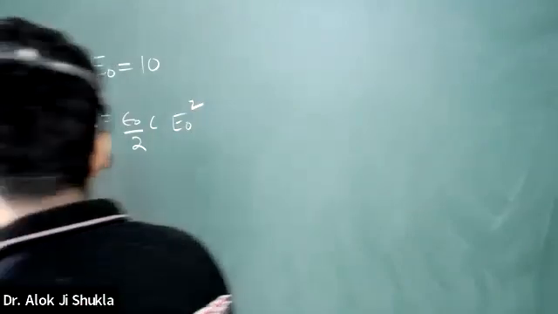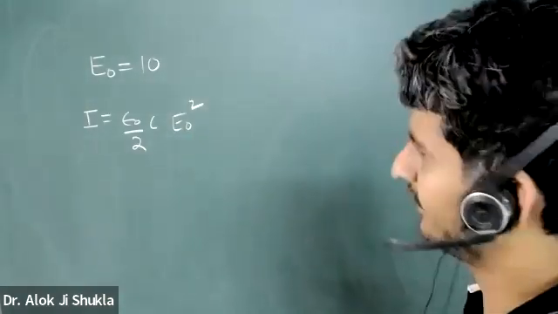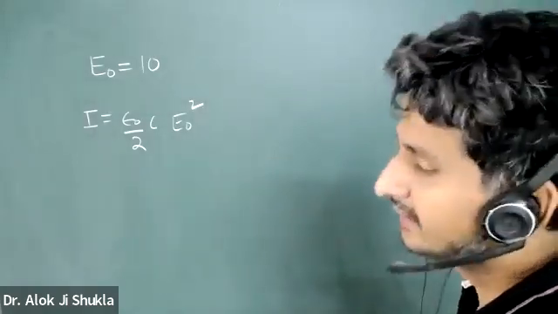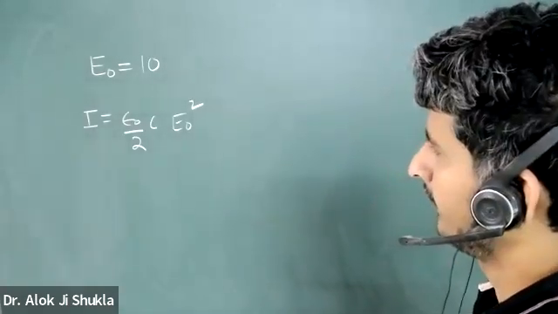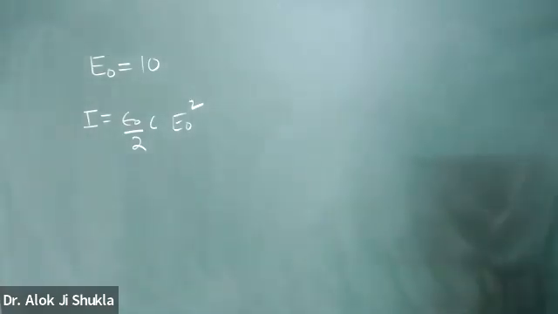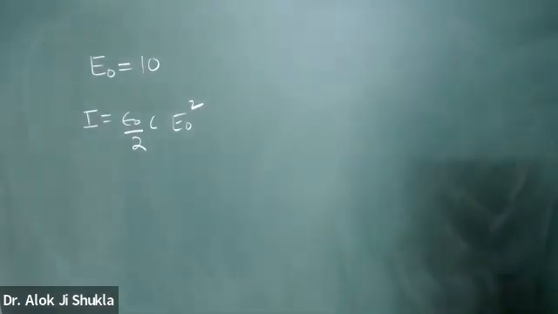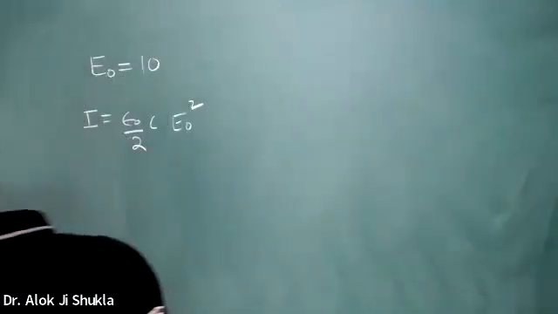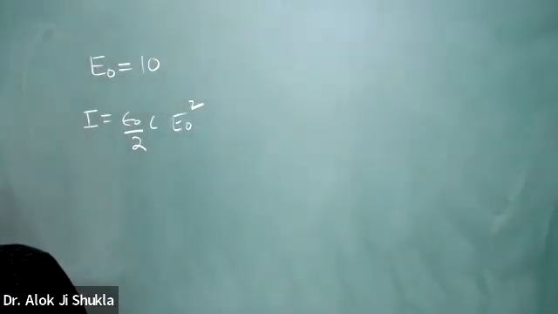It is average power, we take the half for the cos square theta term. Check this in your copy. Half epsilon naught C E naught square. So this is intensity.